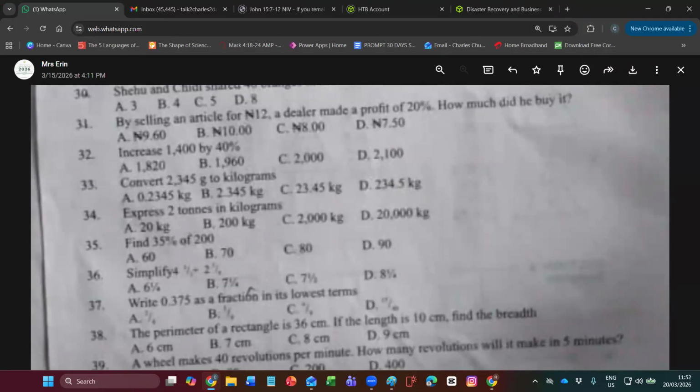Who converts grams to kilograms for us? Convert grams to kilograms. What should we do to convert grams to kilograms?